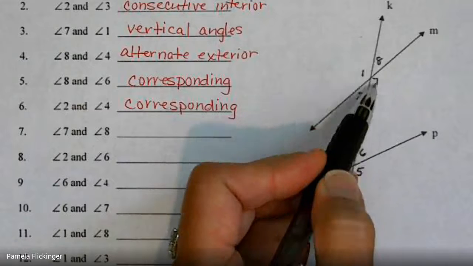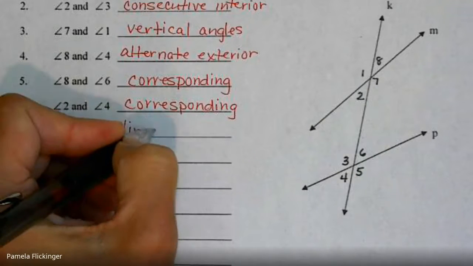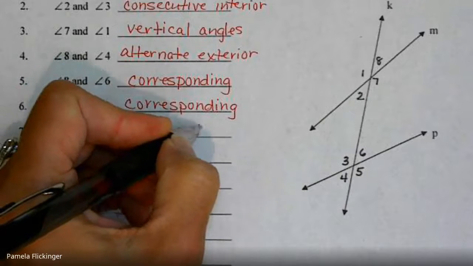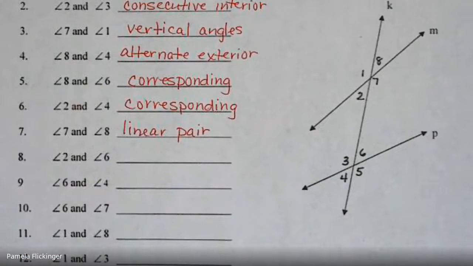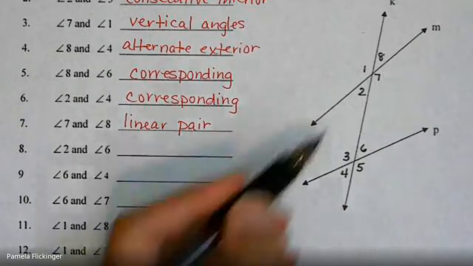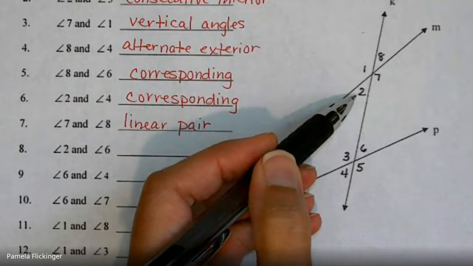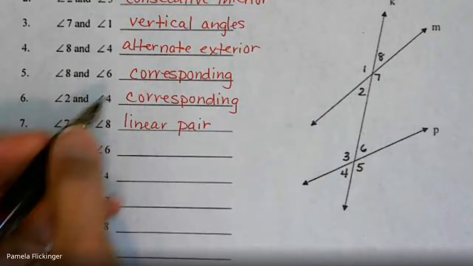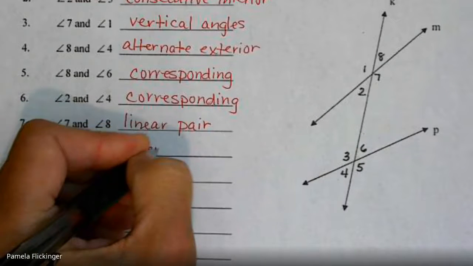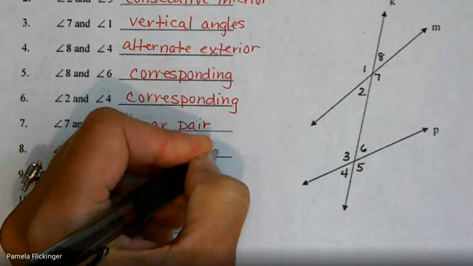They're not opposite, but they're right next to each other. So that forms a linear pair. 2 and 6, different clusters. They're on different sides, so they're alternate, and they're both inside. So these are alternate interiors.